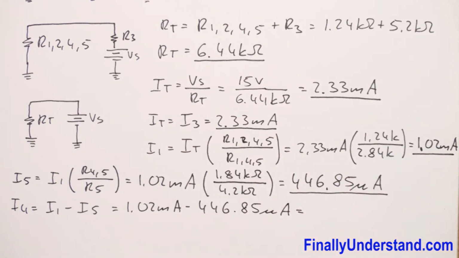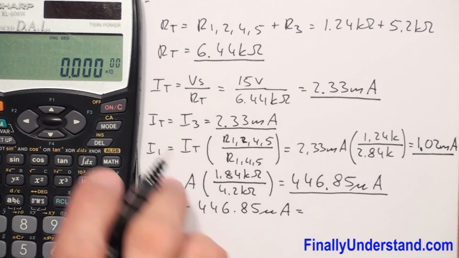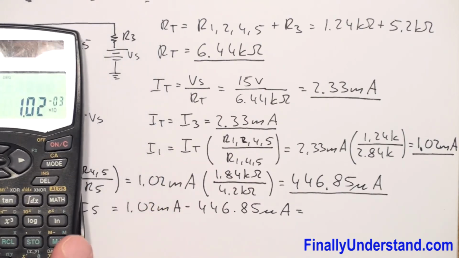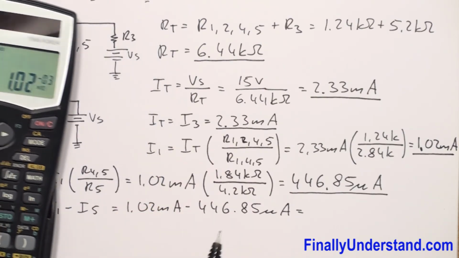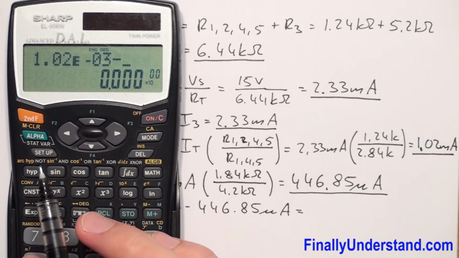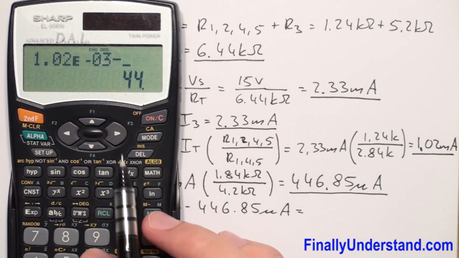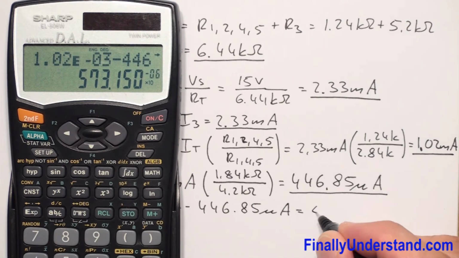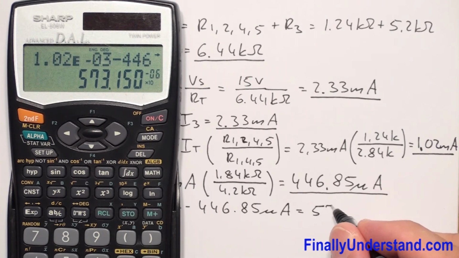This is 1.02 exponent 3 negative, my current I1, minus 446.85 exponent 6 negative. This is equal to 573.15 microamps.